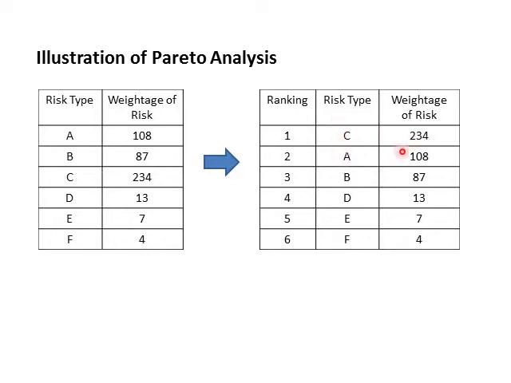A becomes second because weightage is high but lower than C, which is 108. Then comes B, rank 3, which has the weightage 87. Then comes D, which is on the 4th rank, and the weightage is 13. Then comes E, which has rank 5 and weightage 7, and the last one is F, rank 6 and weightage 4.